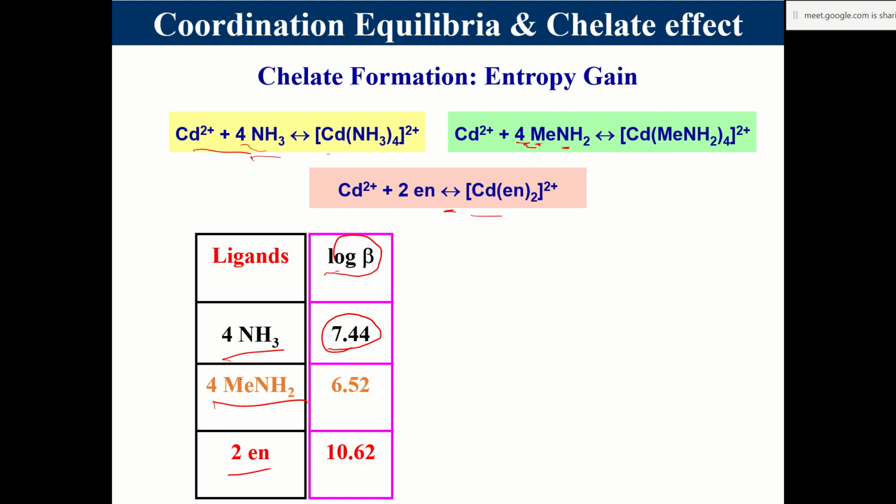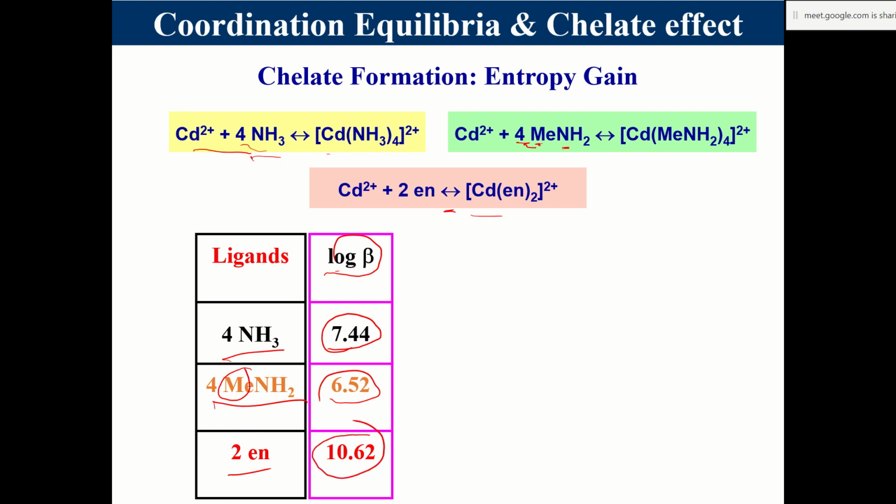Then when one of the hydrogens is replaced with a methyl group, the value decreases. That is because it creates hindrance. It prevents metal-ligand approach because of the steric hindrance, so the value decreases.